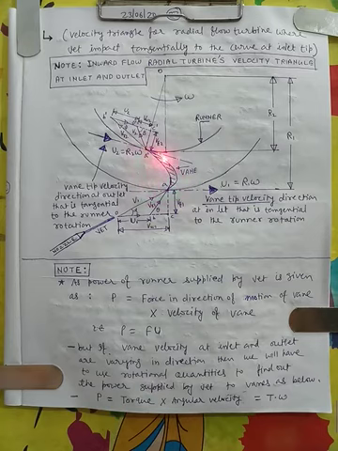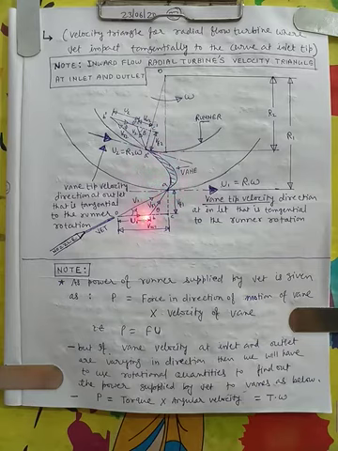and this should be tangential to this curve. Suppose this curve makes a tangential direction, this is the tangential direction of the curve at the inlet tip. So the relative velocity of the jet should be along this direction, the tangential direction of the curve, for minimum losses.